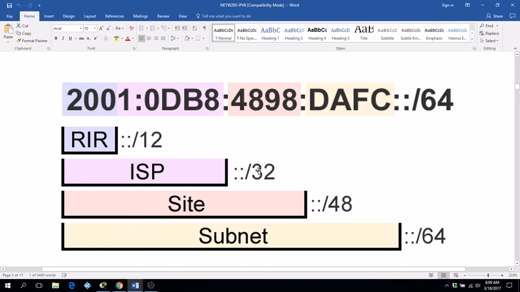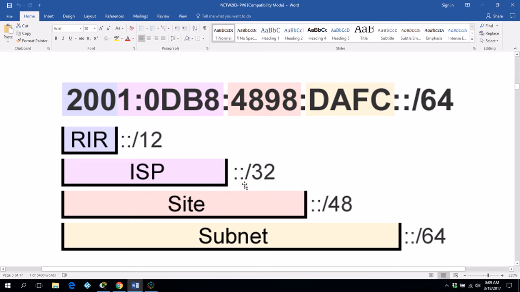From bit 12 to 32 is going to identify the ISP. So if you are in the United States, you're going to have the first 12 bits indicate that you are within North America. And let's say Verizon will be given a code, and that code is going to be between bit 12 and bit 32.